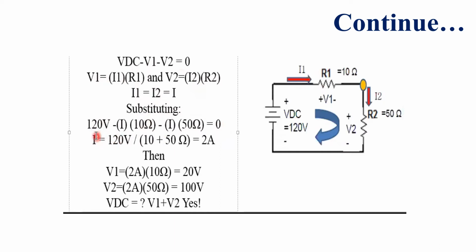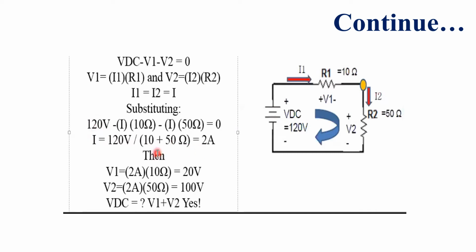After this, I equals 120 divided by 10 plus 50 ohm, the total resistance.